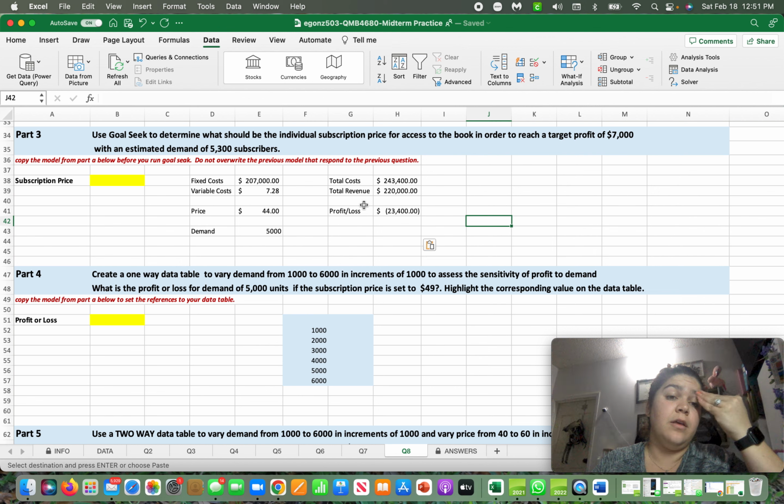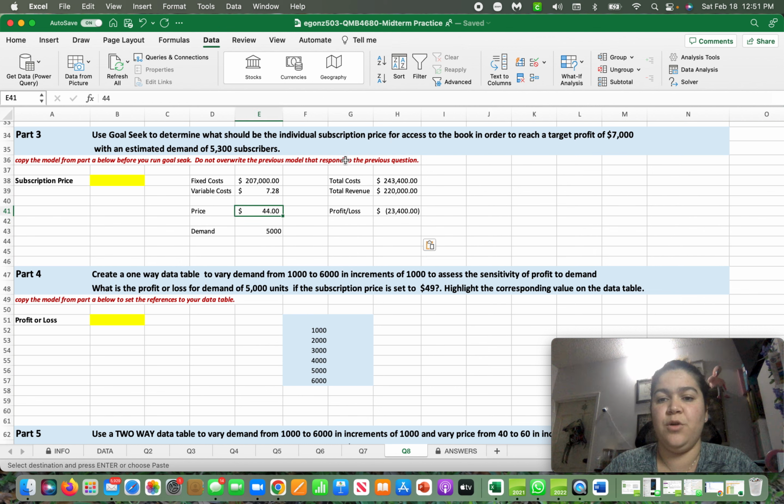Okay. Use the goal seek to determine what should be the individual subscription price. So they're asking us for how much the price needs to be in order for us to have a profit of $7,000 with the 5,300 subscribers. So I'm going to change this.